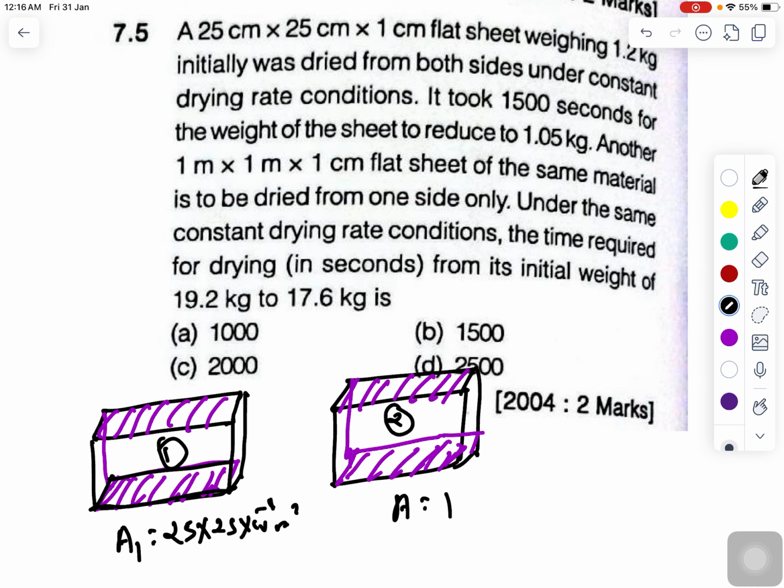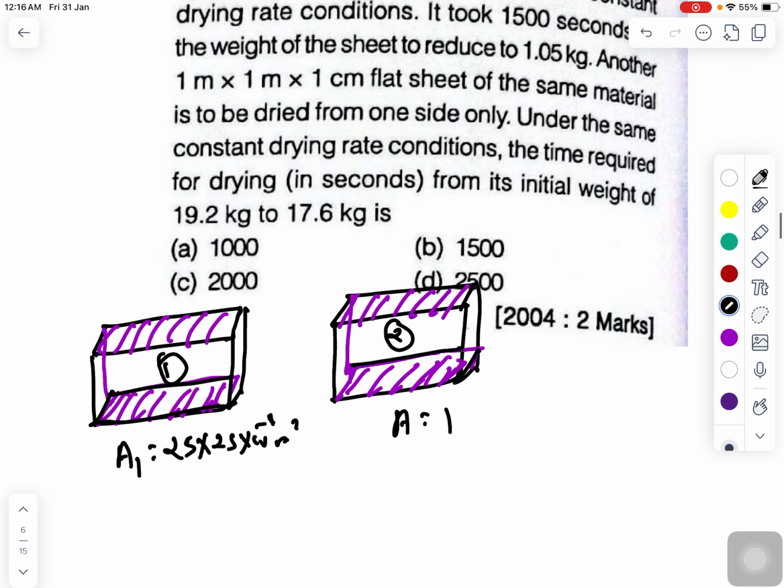Here the area is equal to what? 1, because this is 1 and this one is 1. But here drying is happening from both surfaces, with this green surface, both of these surfaces. But in this case you can see drying is happening only from one surface, that is the yellow surface. Is that clear?